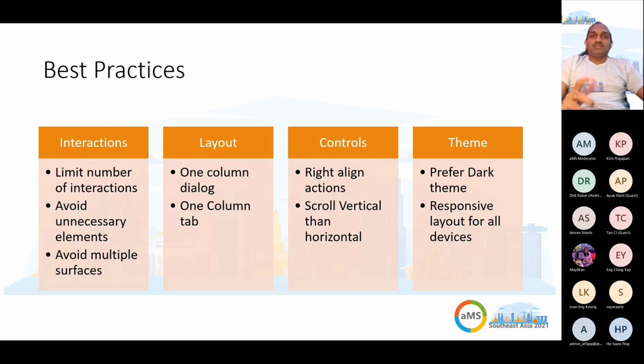Controls: this is a general rule in all Microsoft-related Windows development. When any actionable item or dialog box comes up, usually they will have OK and Cancel on the right side of the dialog. On the left side of the dialog, people usually avoid adding buttons, unless they have options or settings which go on the far extreme left. Most of the time, OK and Cancel will be on the right side, and Cancel will be the default.